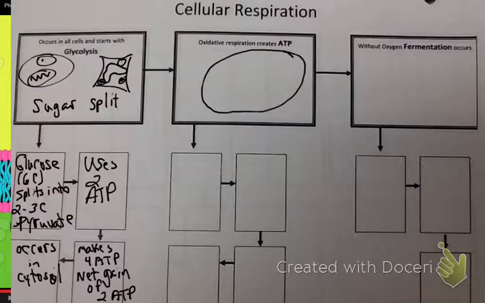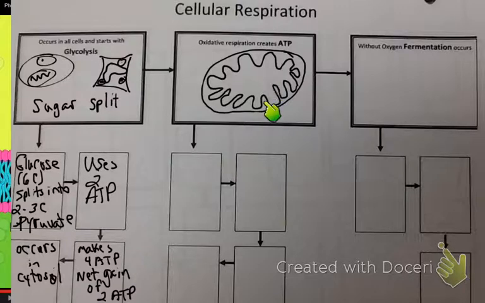So we're going to draw a really big mitochondria because we need lots of room. We're going to draw our wrinkled old man on the inside. What are those things called? Cristae. So these are the cristae. What's the inside called? David, what was that called? The inside? No. The inside. The matrix.